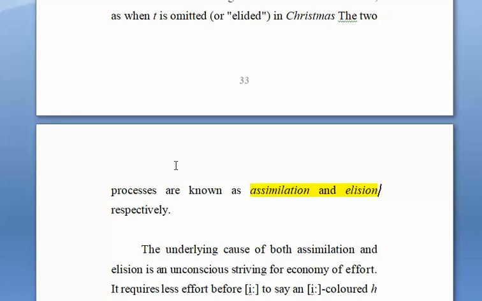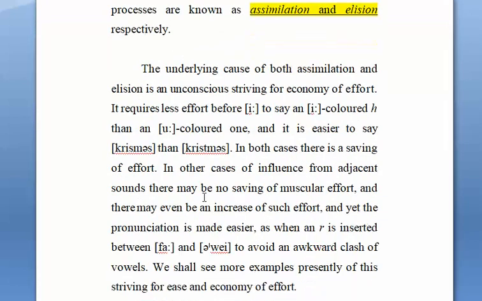Sounds affect each other. Assimilation and elision. Let's start with assimilation. The underlying cause of both assimilation and elision is an unconscious striving for economy, because you want to talk fast and have ease of articulation. So economy of effort.